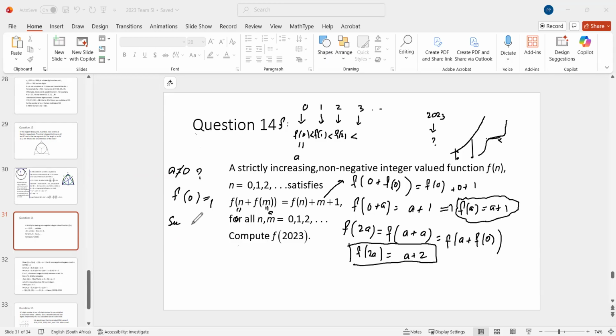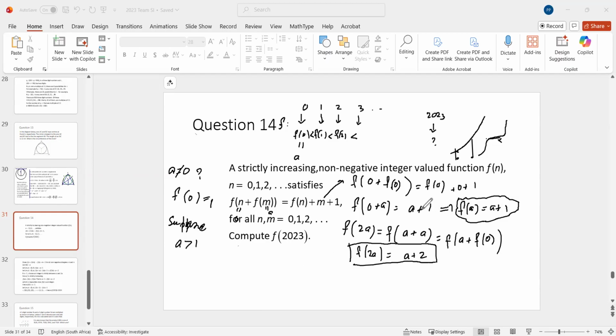We just proved it. And suppose a is greater than 1. I want to come to a contradiction. If a is greater than 1, I want to prove that this is impossible, in which case a will be forced to be equal to 1. You see? It's not greater than 1, it's not 0, so it has to be 1. Right? Now, suppose a is greater than 1.